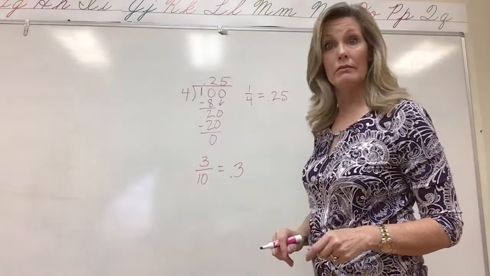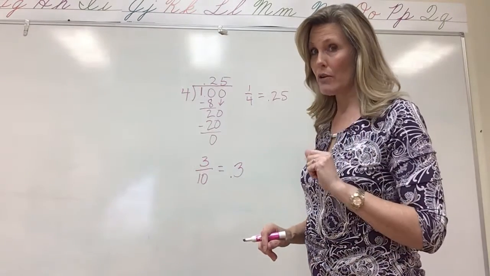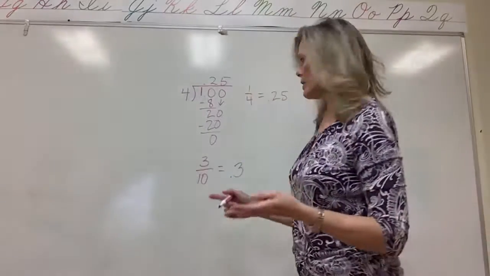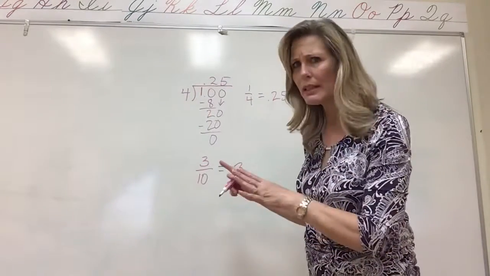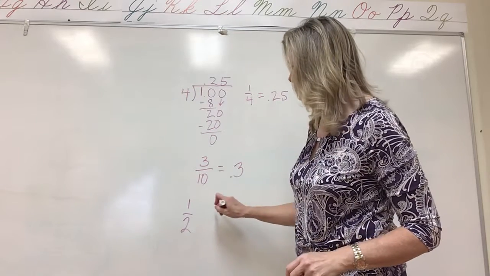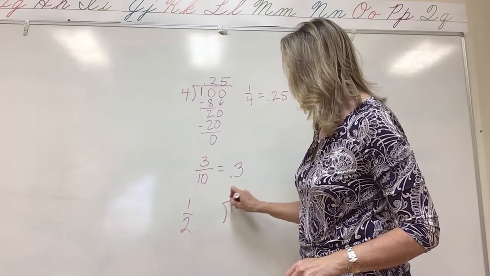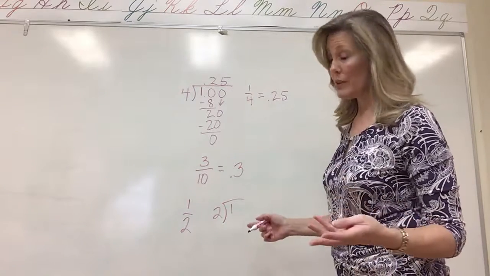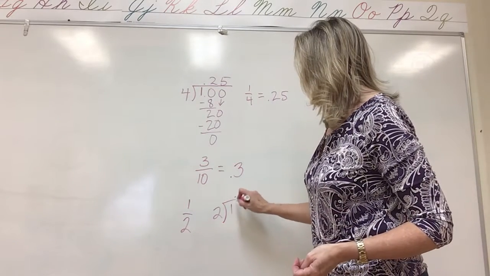It's 0.3, right? You better already know that one. Let's look at letter C, 1/2. Here's another one that we have used frequently in our conversions. I'm going to say 1 divided by 2. We've shown this several times on the board because we've dealt with this one so many times.